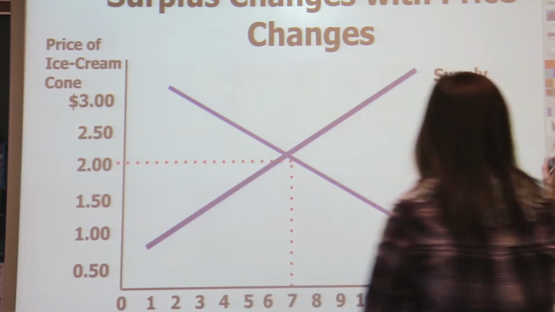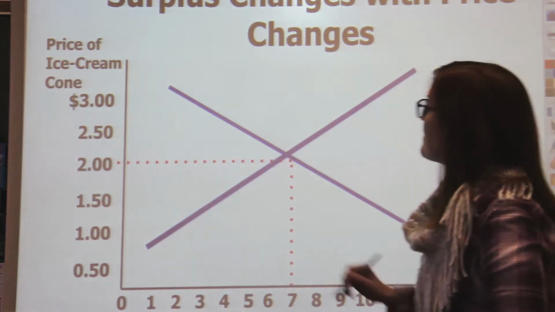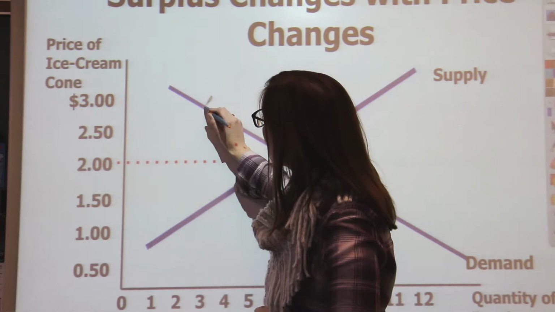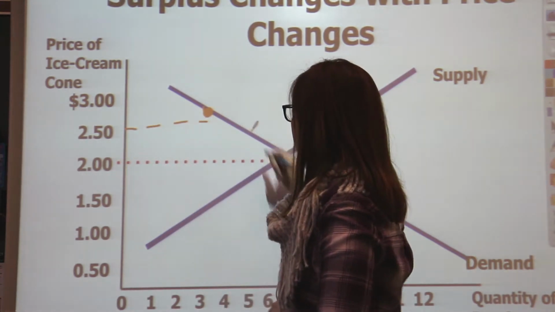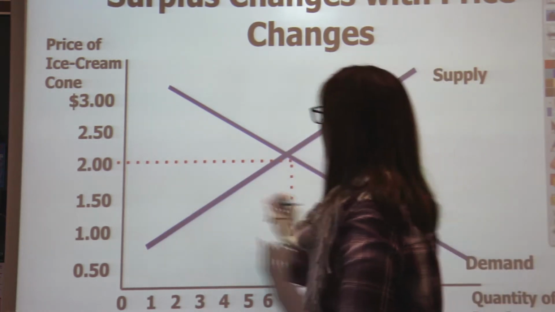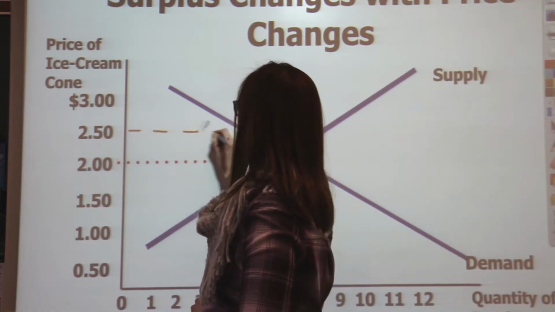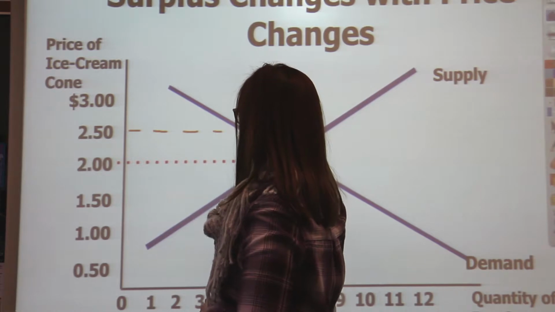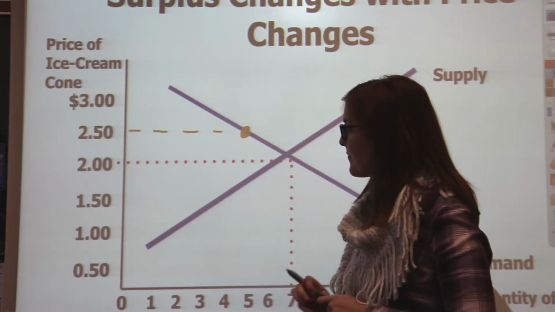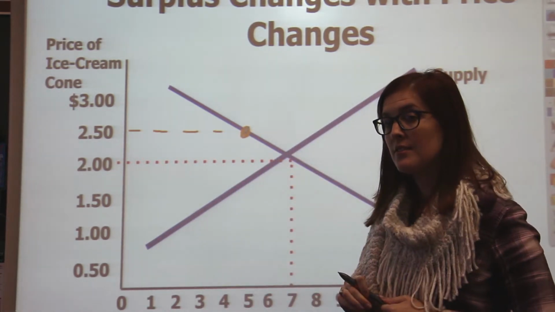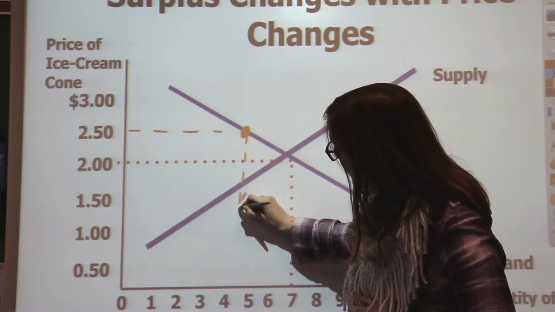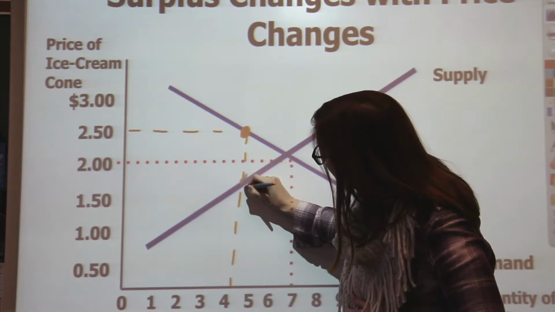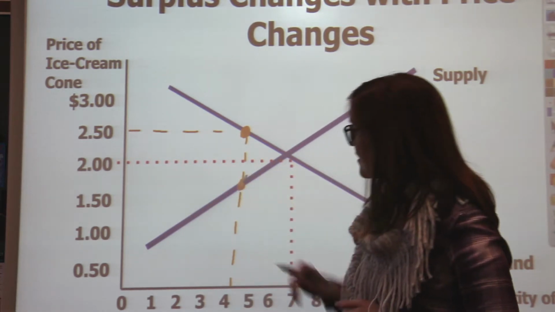So if it's a price increase, let's say price goes up to $2.50. If price goes up to $2.50, I'm going to bring this all the way down here, because now this is going to be the quantity producers are willing to sell.